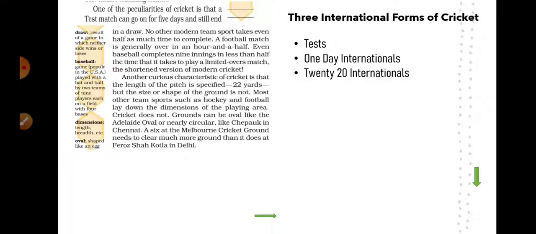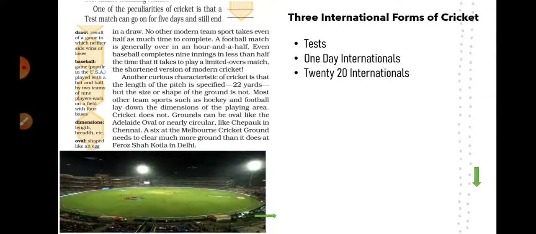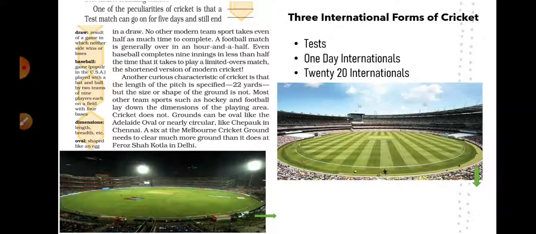Just like that, in the text, the author mentions two cricket grounds: the Melbourne Cricket Ground and another, Firoz Shah Kotla in Delhi. On the left hand side, you can see the cricket ground of Firoz Shah Kotla.